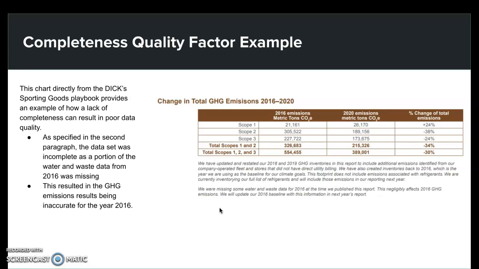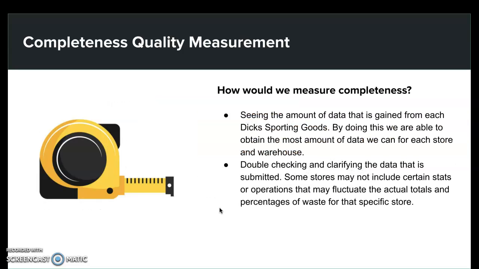This resulted in GHG emissions results being inaccurate for the year 2016. So this goes back to what we talked about, how a complete data set can either skew or accurately define a table or data.